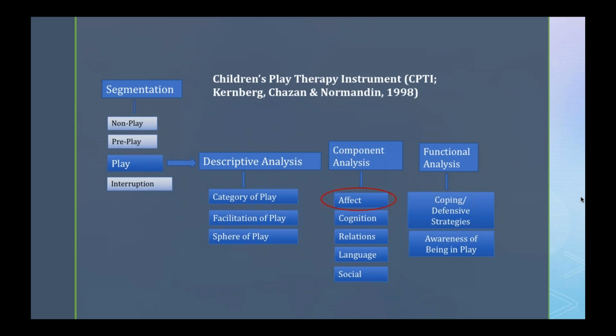So we first have to segment the session into non-play, pre-play, play, and interruptions. And only play segments are coded. Then, in order to generate an affect regulation score, we code the play section of the session for affect items.